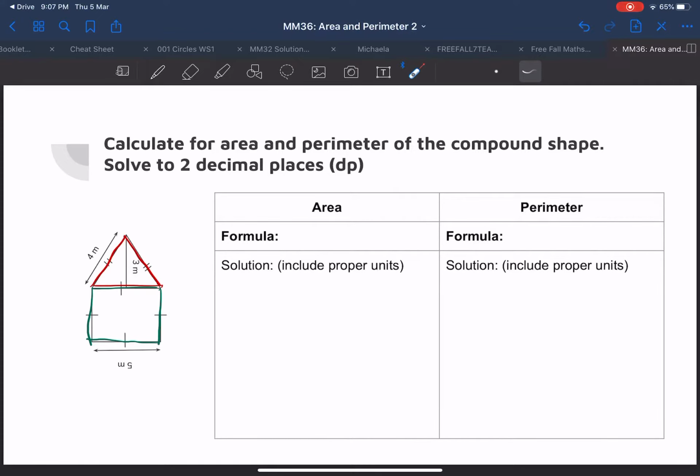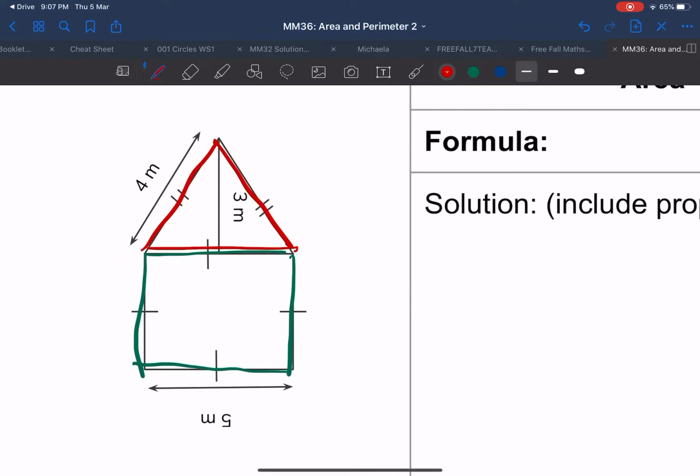Because if there are four equal sides, that means if this side is 5 meters, this side is also 5 meters. This side is also 5 meters. And this shared side, now why do I call it a shared side?